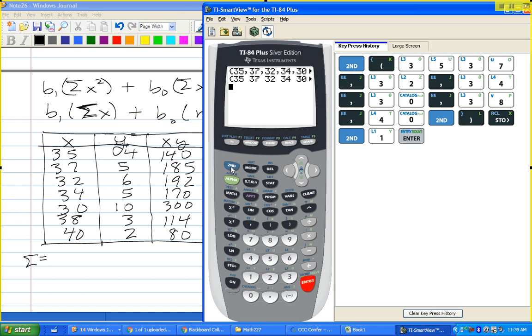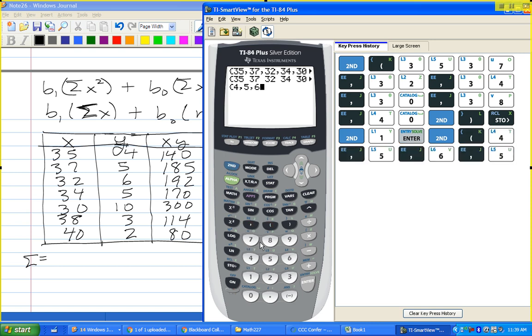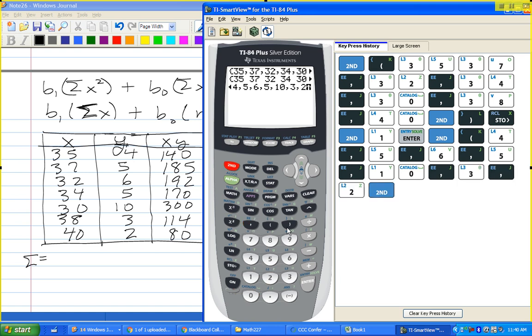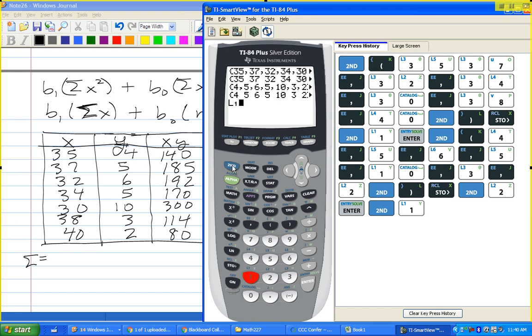Input the data into L2. And so then you do L1 times L2.